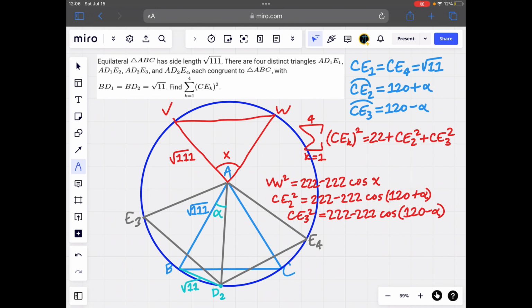So if we add these together, we get that 22 plus CE2 squared plus CE3 squared is equal to 22 plus 222 plus 222. And that's equal to 444 plus 22, which is 466 minus 222 times cosine 120 plus alpha plus cosine 120 minus alpha.